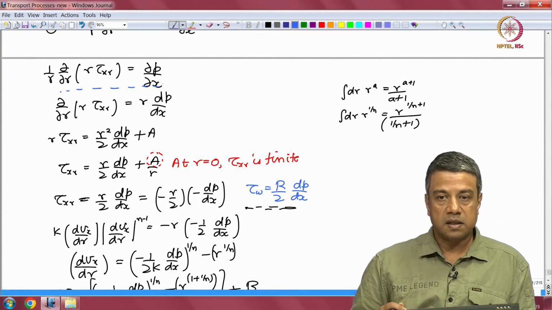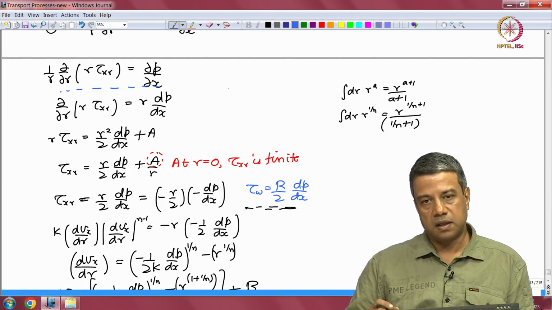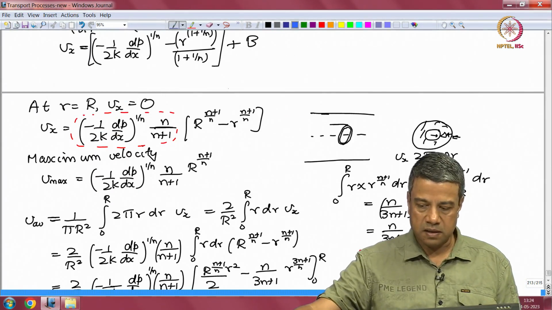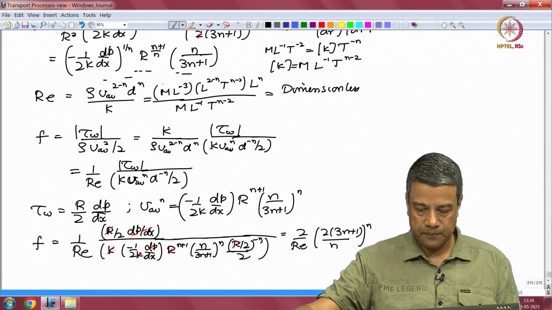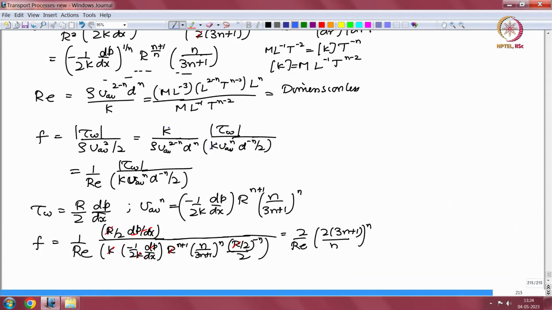The shear stress is related to the velocity by the power law expression, which is different. And you can solve that in order to get the velocity profile, the shear stress, and the correlation for the friction factor. So, this is for a case where you do not have a linear relationship between the stress and the strain rate.